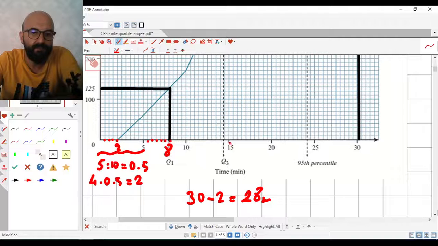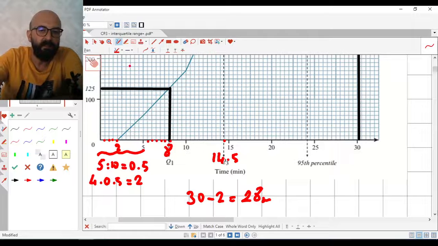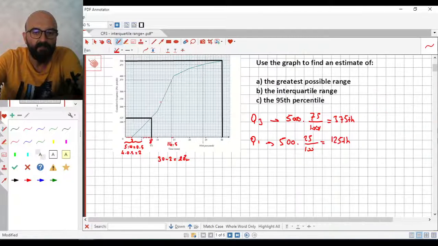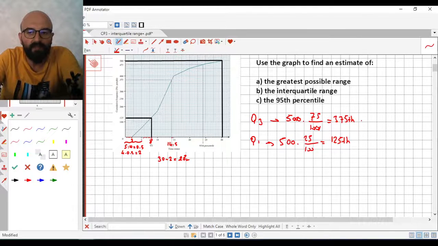If 50 before 15 is 1 square, so 15 minus 0.5 means 14.5, and we can find the interquartile range.